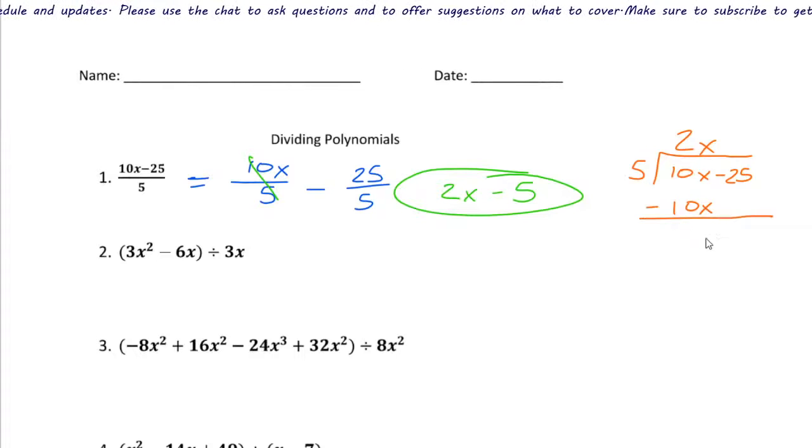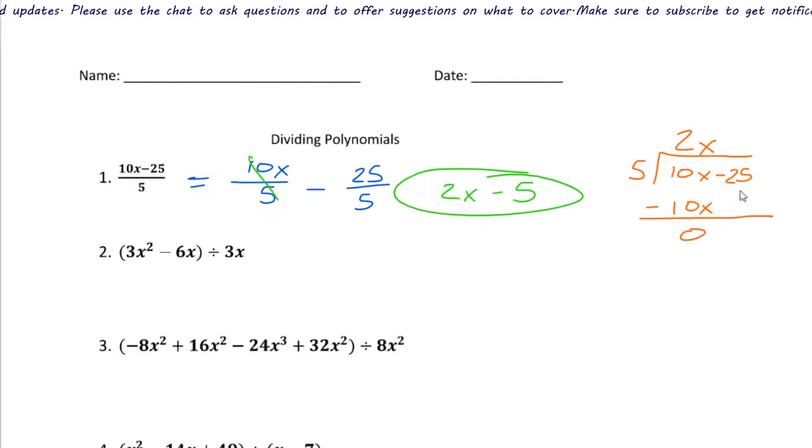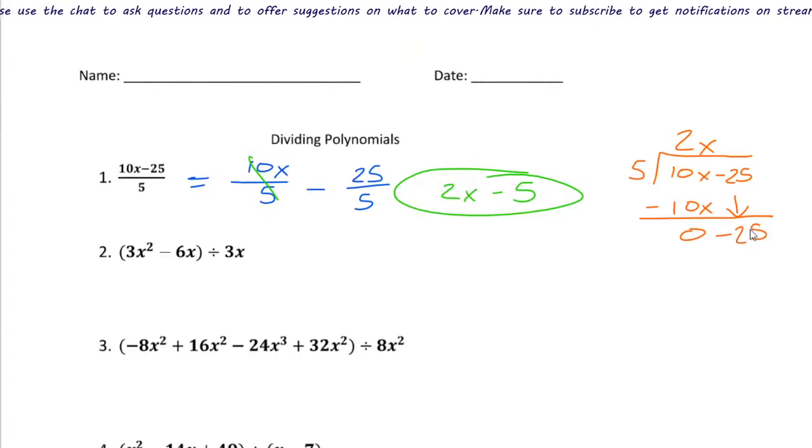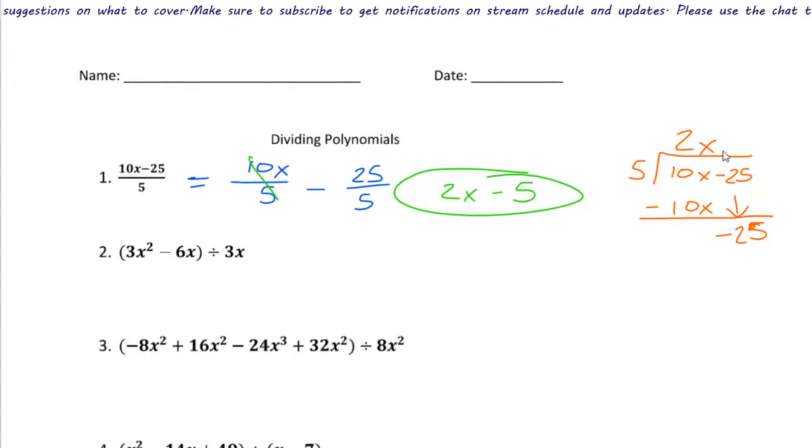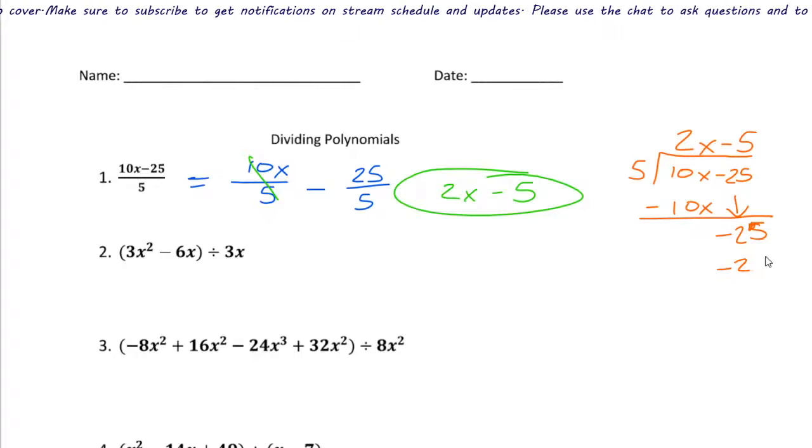So you're left with 0, there's nothing here. I bring down whatever is left, so minus 25. And since this is just 0, I'm going to go ahead and erase that. So what do we have to multiply 5 by to get to negative 25? Negative 5, so negative 5 times 5 is negative 25.